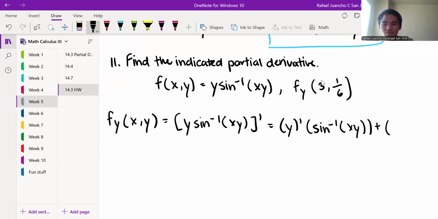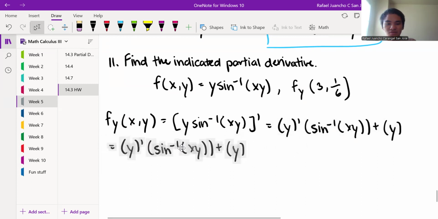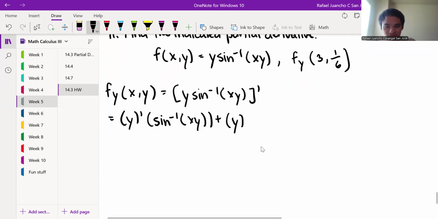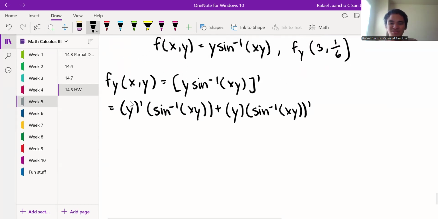I add. Let me move it here. So, well, this is just a 1, right? This is 1. This one is, however, a bit different.